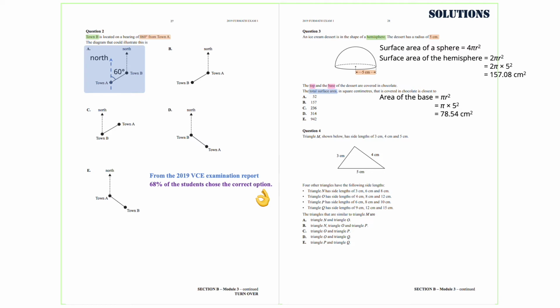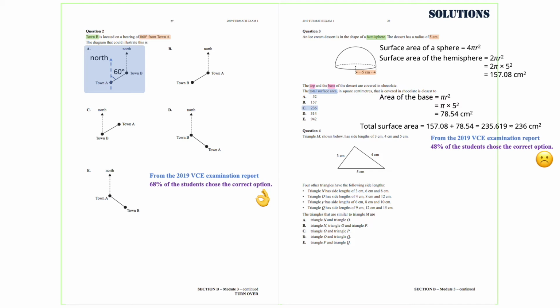So the total surface area covered in chocolate is equal to 157.08 plus 78.54, which is approximately equal to 236 centimeters squared. So the answer we are after is option C. From the 2019 VCE examination report, 48% of the students chose the correct option.